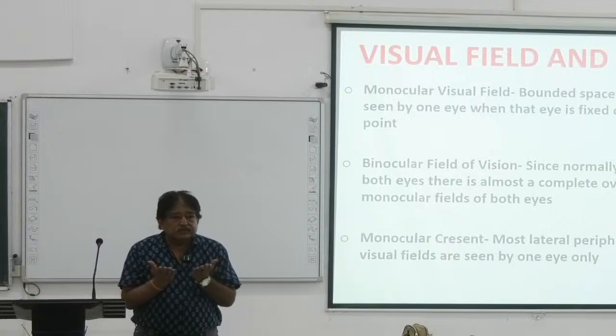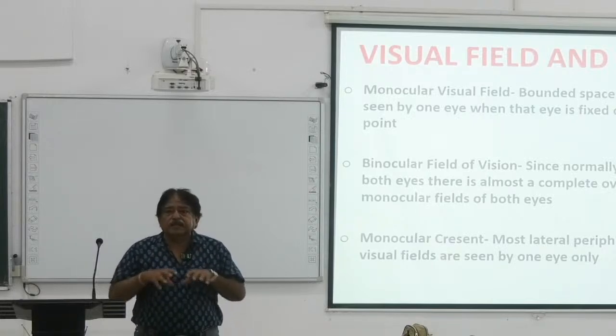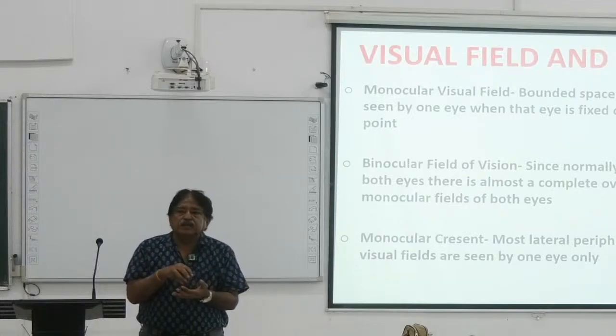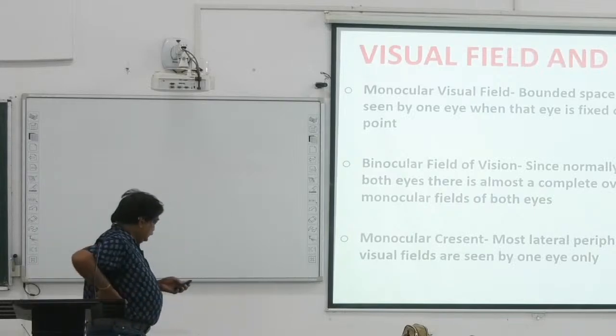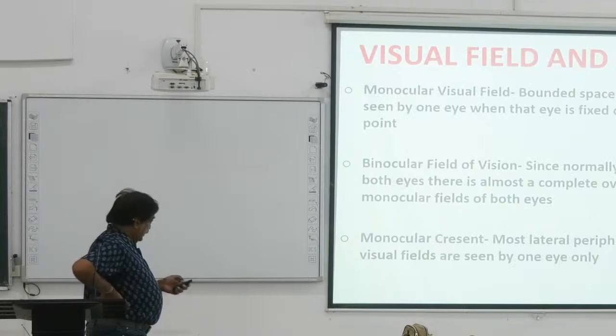Then you will see it overlaps, and you can see the total field of the area focused by your microscope. Now, monocular crescent: lateral peripheral areas of the visual field are seen by one eye only.